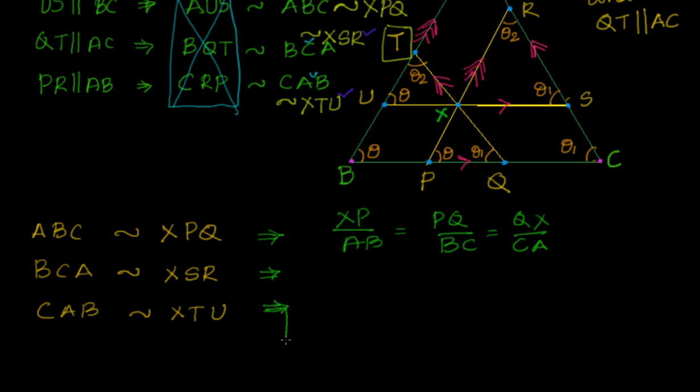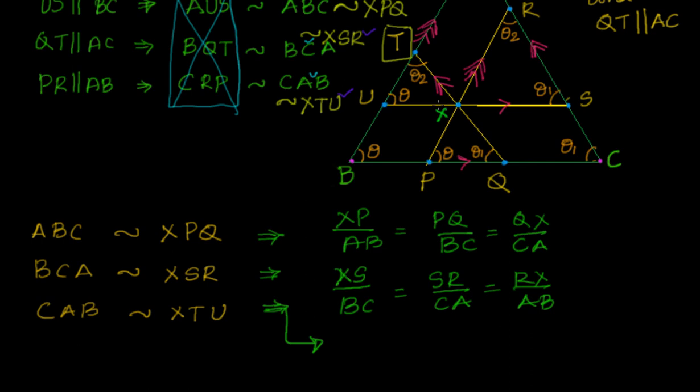Similarly, if I go to the second one, I'll go in the reverse direction. I'll start with this. So I will say XS by BC equal to SR by CA equal to RX by AB. So that is one set of information.